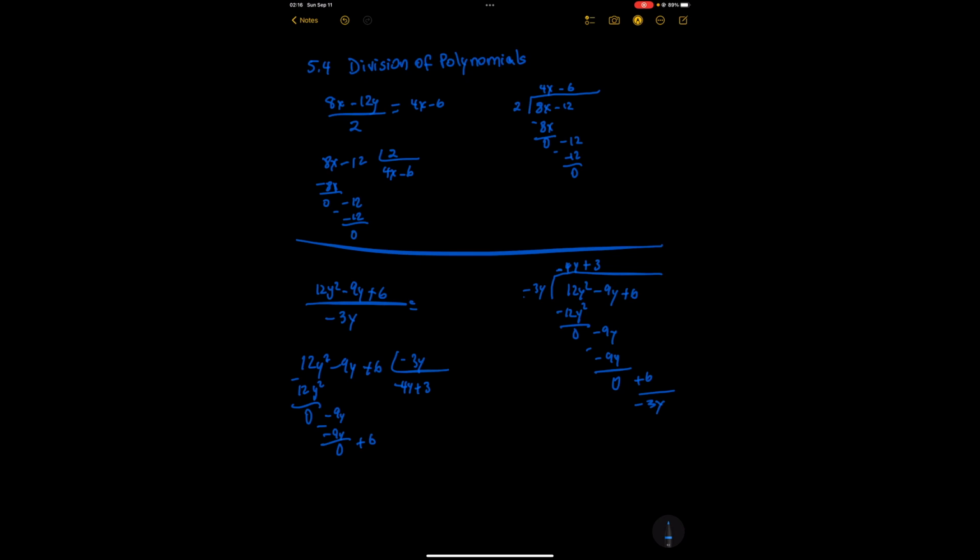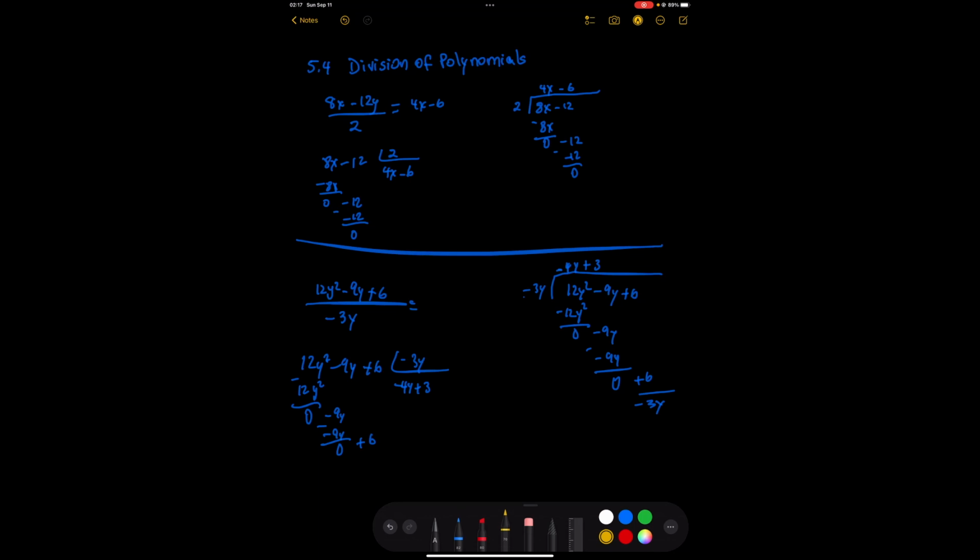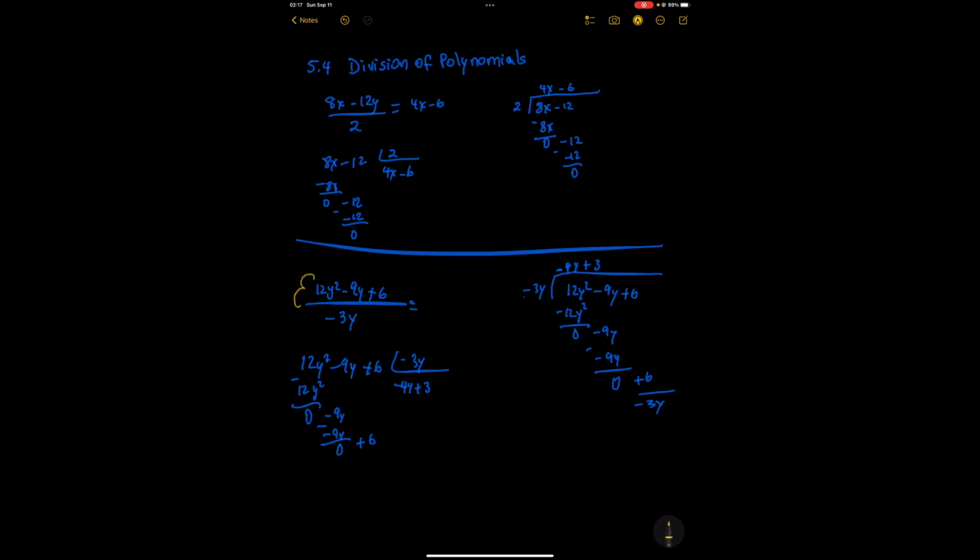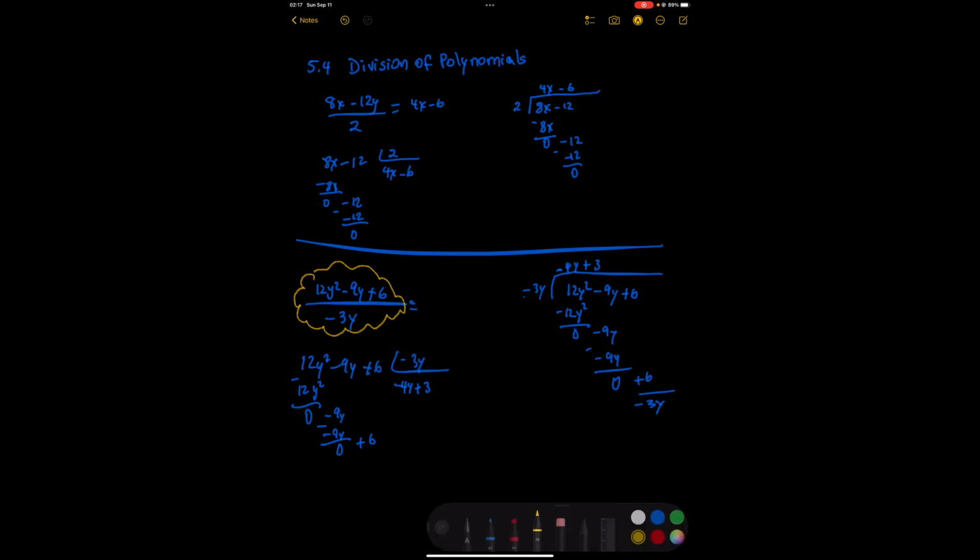What that basically means is this equation right here is equal to negative 4y plus 3 plus 6 over the divisor, negative 3y.